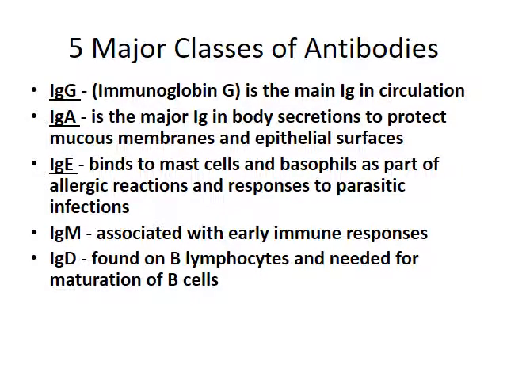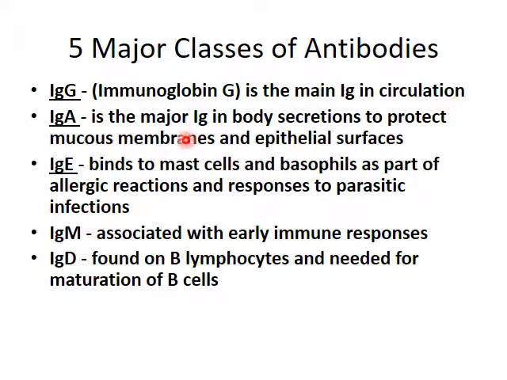So if we're looking at our antibodies, the things that might be produced by the B cells, we have 5 different classes. We have the IgGs. Well, these are the ones we usually think about with colostrum. The big ones in circulation. In the mom cow, they'll be taken out of circulation, put into the colostrum, passed on to the babies for the next generation. IgA, major immunoglobulin in bodily secretions, protect the mucous membranes.